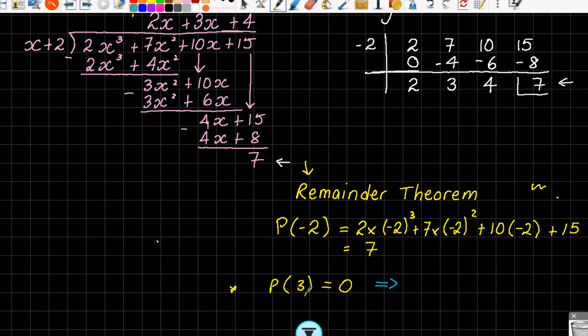It's a 0, it's a solution, it's an x-intercept. Well, it doesn't need to be the only root because it depends on the degree of the polynomial. But this would mean, see if you can finish it for me, it would mean that x minus 3 is a factor.